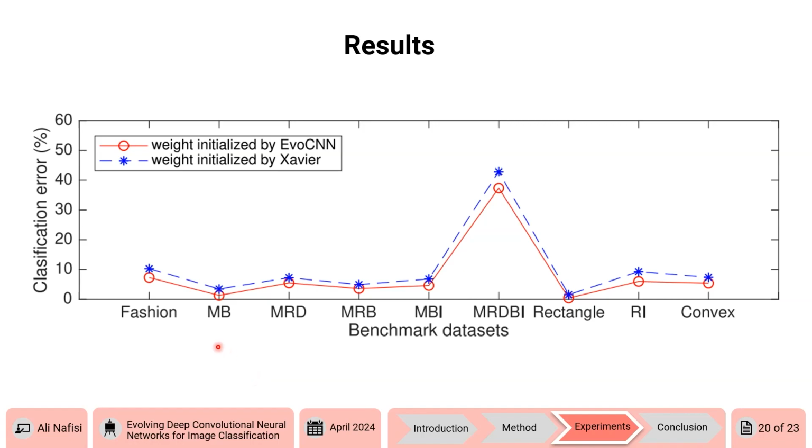And you can see that for all of the data sets, their initialization method had better performance. This axis shows the classification error. You can see that in all data sets, the classification error of their initialization method is lower than the Xavier initialization method.